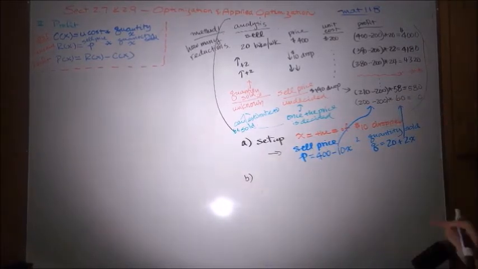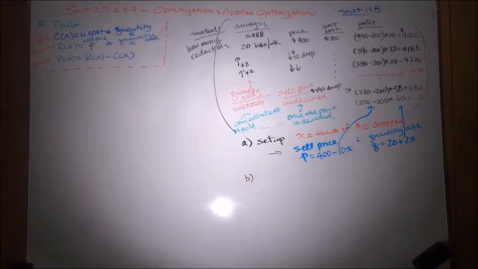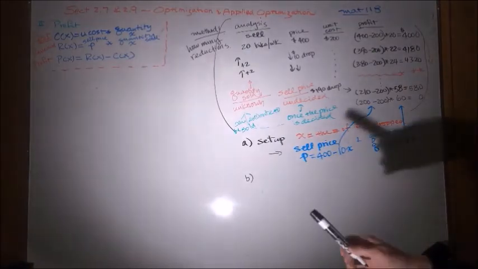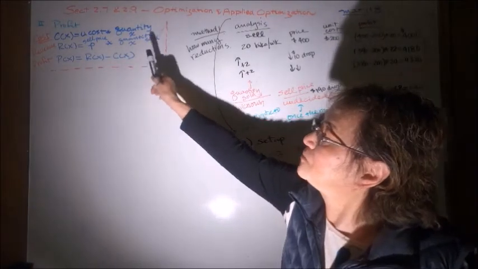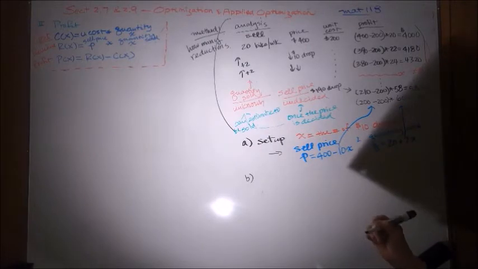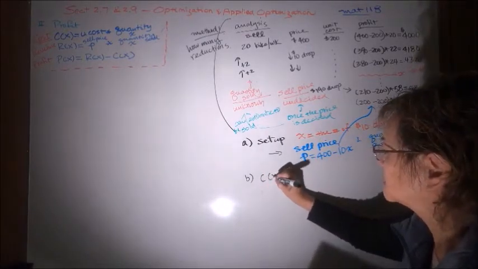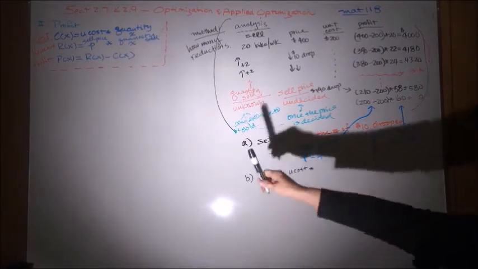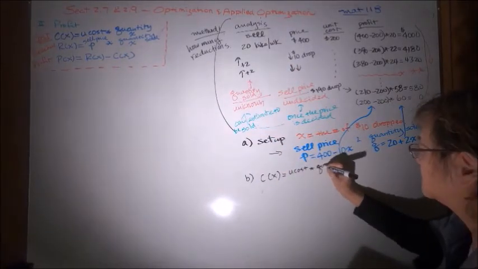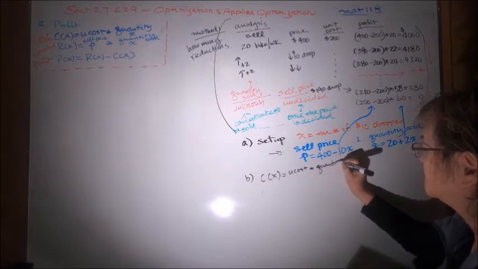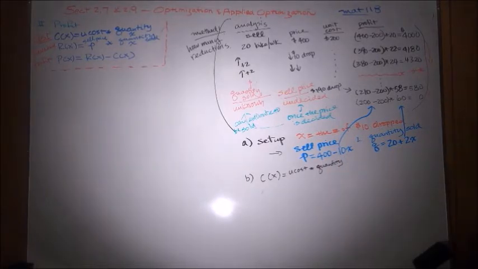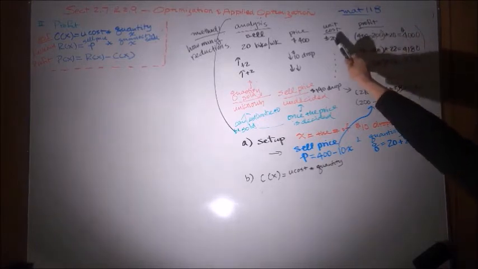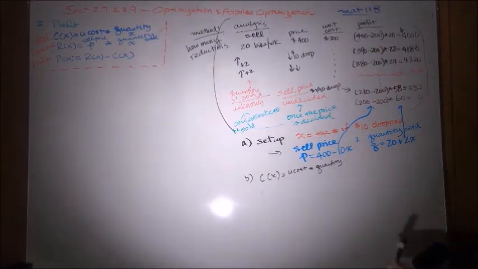Then once you set up this way, we are going to use those concepts to find the profit function. So let's do the cost. Cost is unit cost times quantity sold.